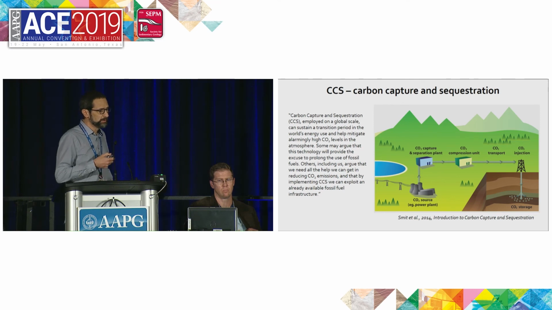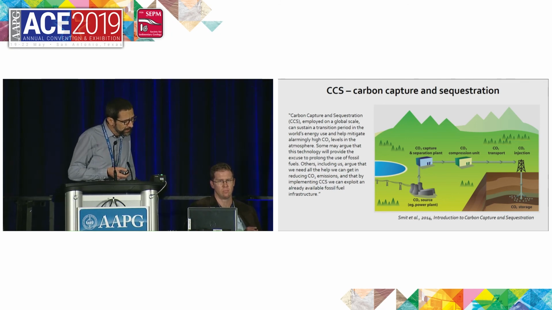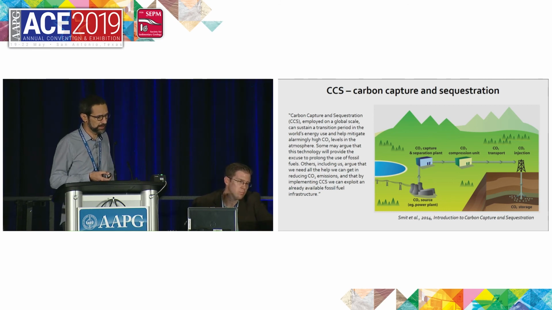So there's increasing agreement among many experts that carbon capture and sequestration has to be part of a solution. I'm just going to quote these authors who said that carbon capture and sequestration employed on a global scale can sustain a transition period in the world's energy use and help mitigate alarmingly high CO2 levels in the atmosphere.